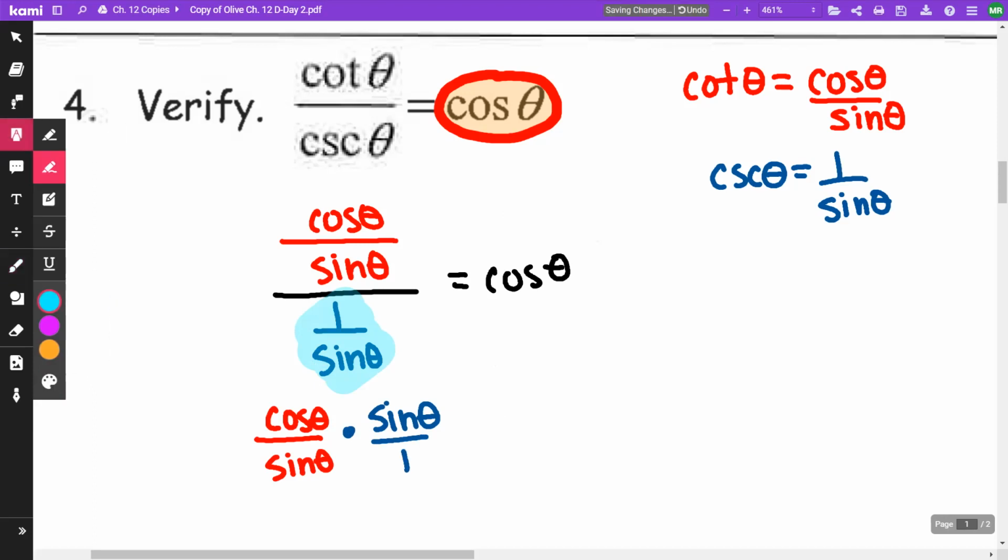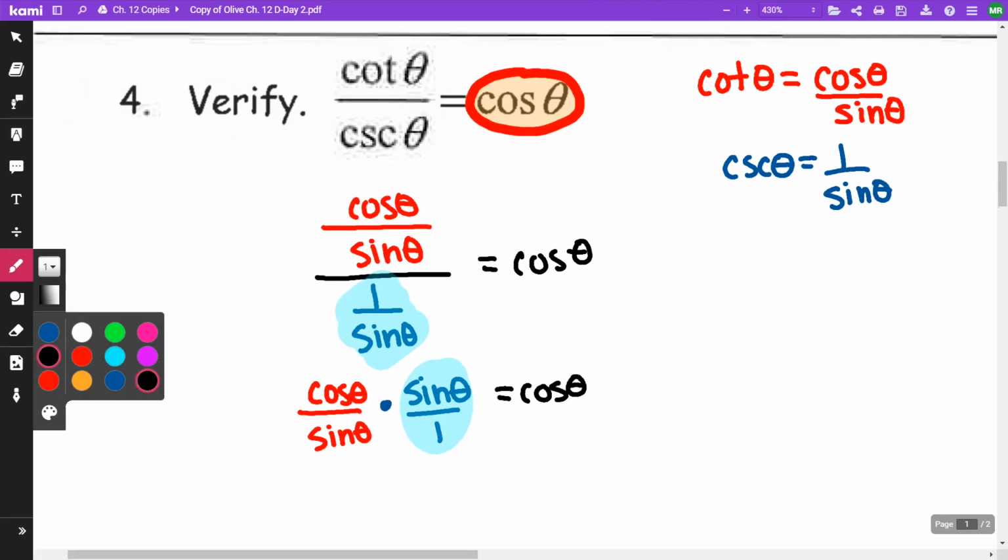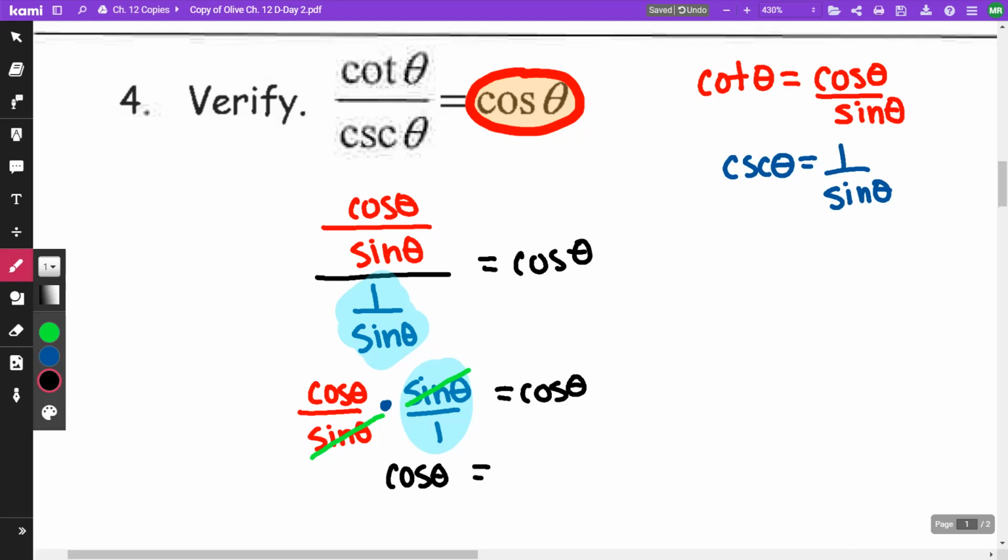Okay, again, that was that fraction. I just flipped it. Now I'm trying to get a cosine of theta. I noticed that I can do some simplifying. This sine theta and this sine theta will cancel out. And when I do that, I am going to be left with cosine theta equal cosine theta. And that will be my answer.